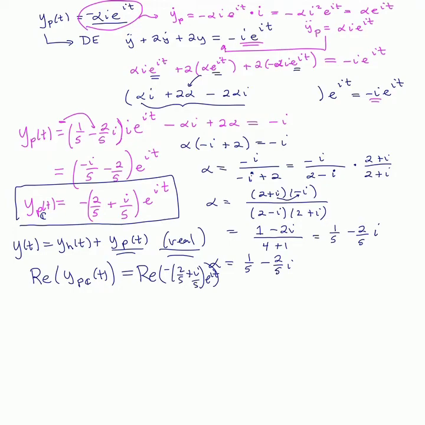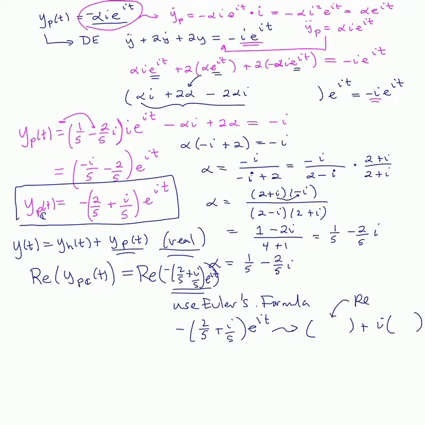Okay. And if you use Euler's formula again to expand out negative 2/5 plus i over 5 e to the it, expand it out, and then split it into a real and imaginary part, what we need is the real part.